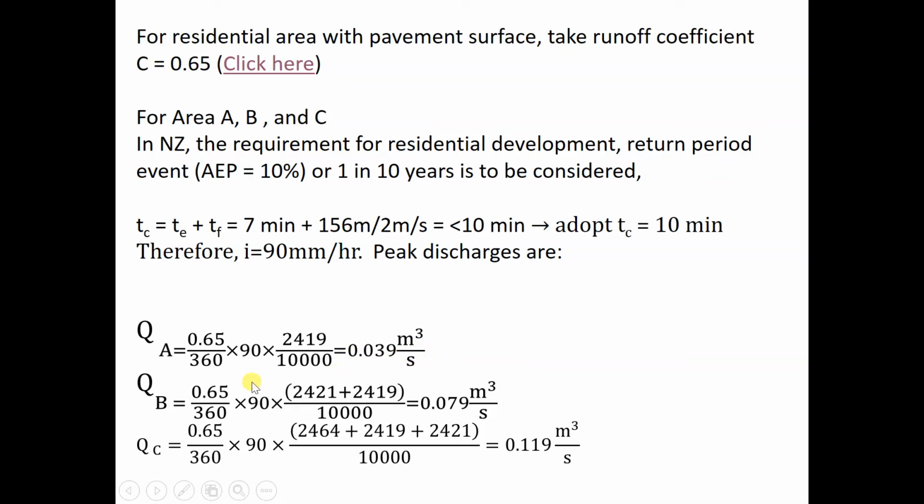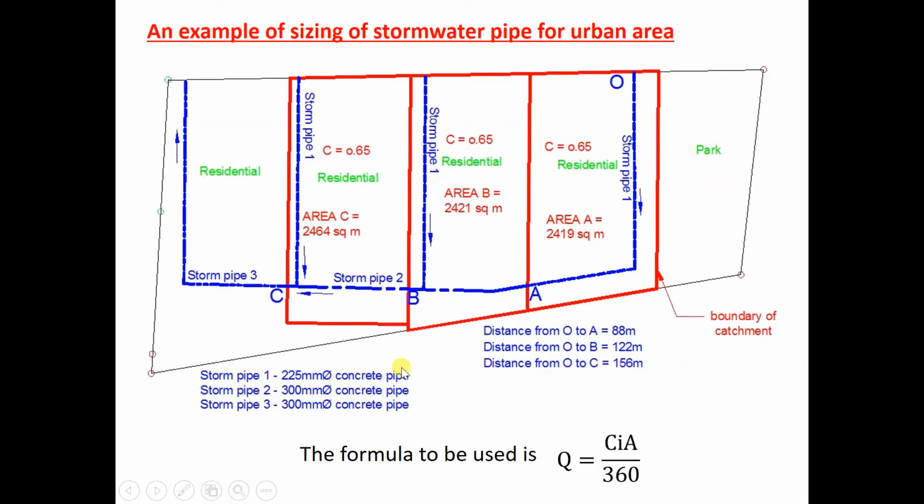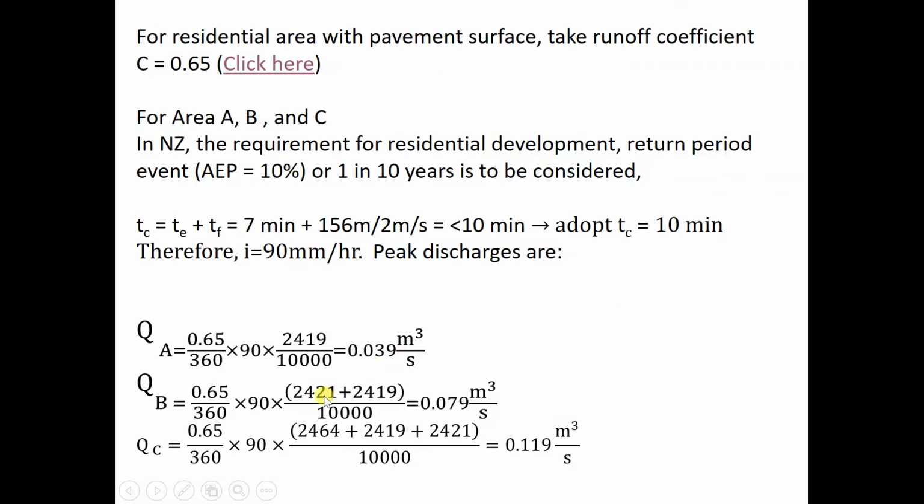Okay, so similarly we do for B. The area is cumulative. So that means for QB here, we just add up the two areas, the areas served by these two pipes. So we add 2421 plus 2419, and then we get a bigger QB, 0.079 meter cube.